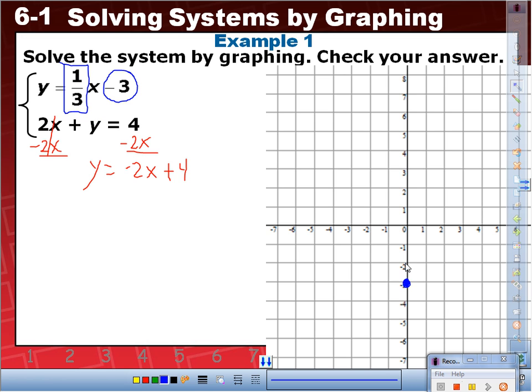I plot my points, do it again, and once I have those points, I get my ruler and graph my line. Does everybody see that? Okay, copy that, please. Then I'm going to let you graph the second one by yourself. Go.